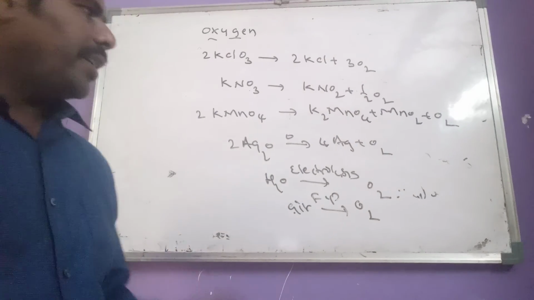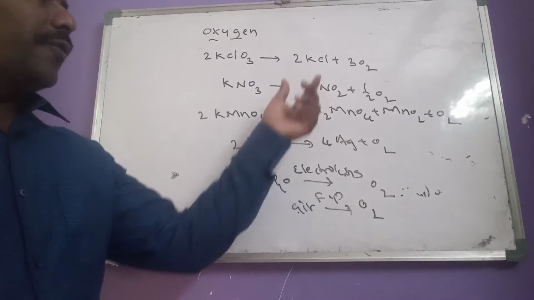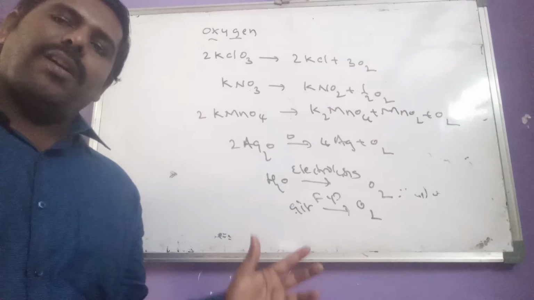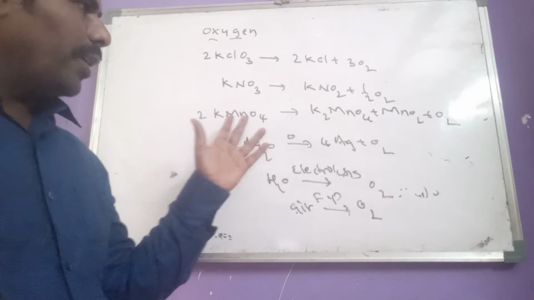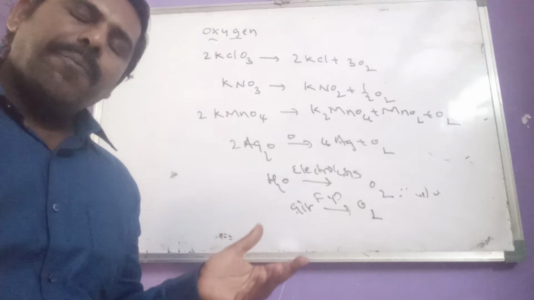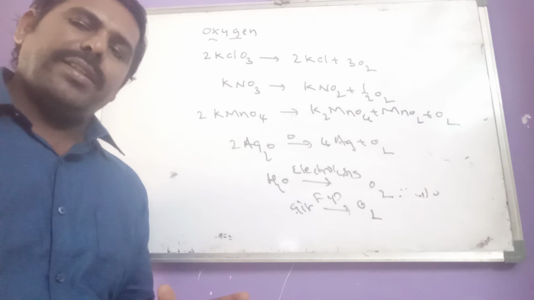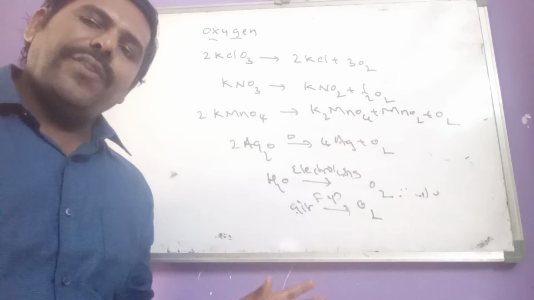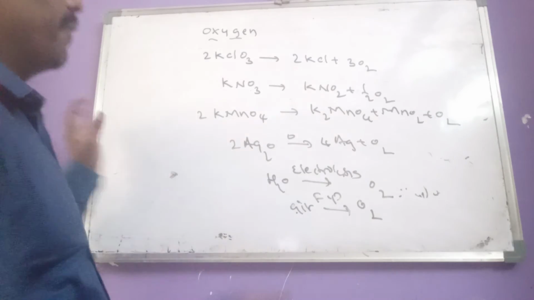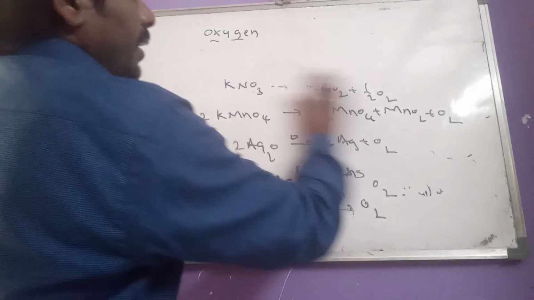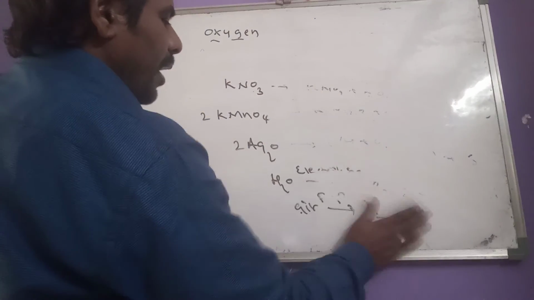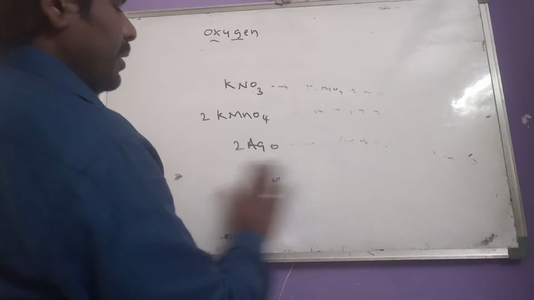So these are the different methods of preparation of oxygen. And not only this, by heating potassium dichromate also we get oxygen. And these are the different methods to prepare oxygen.